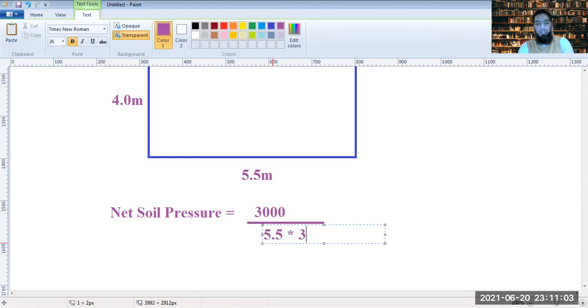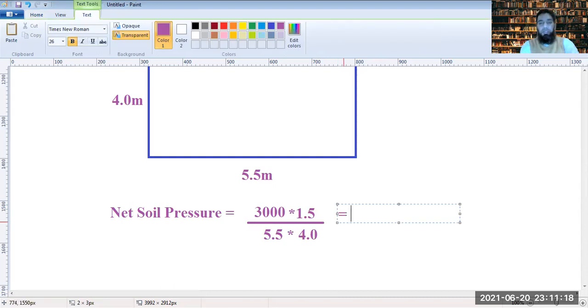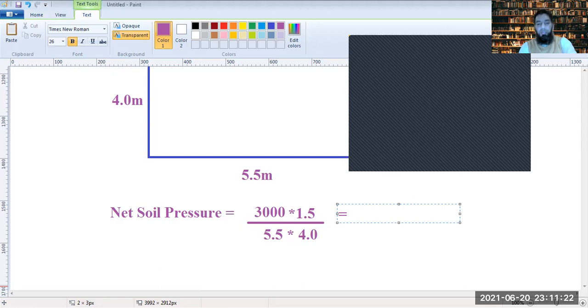5.5 cross 4.0, and let's factor this by 1.5 in order to get the net soil pressure in terms of the factored soil pressure. So this would be 3000 cross 1.5 divided by 5.5 divided by 4.